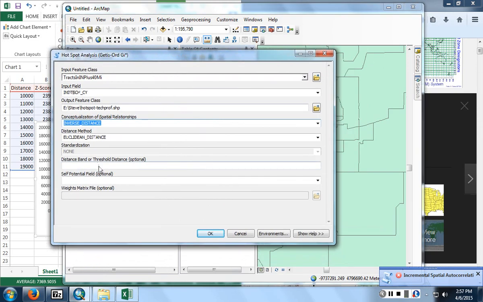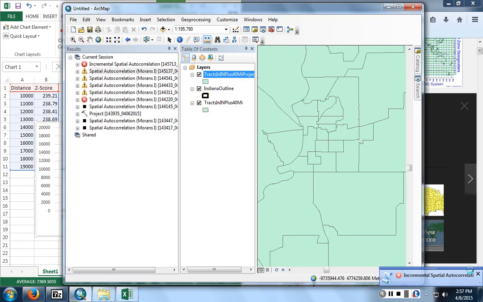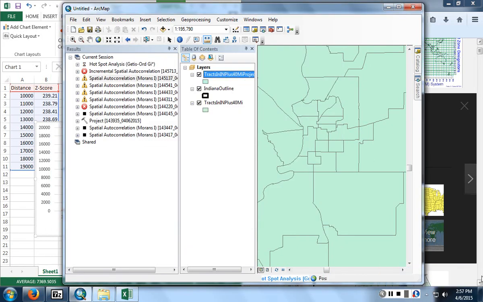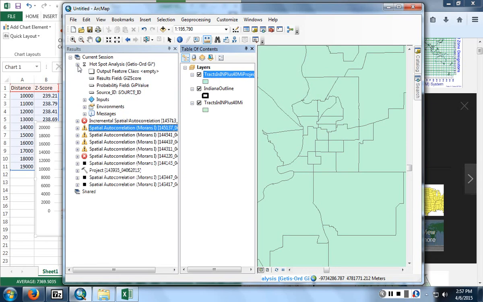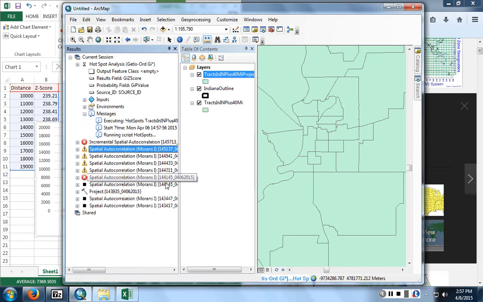But in our case, maybe we want to set our distance band to 16,000. Not 160,000, 16,000. And why 16,000?